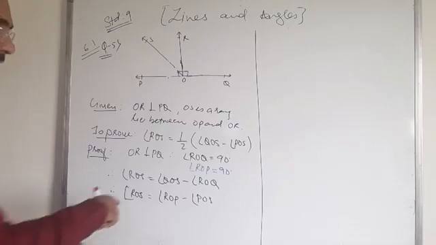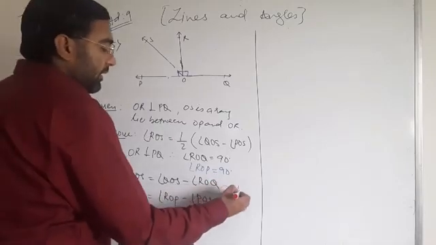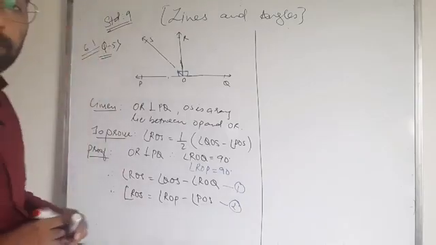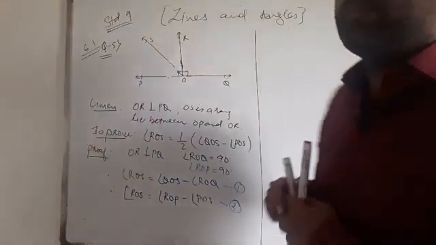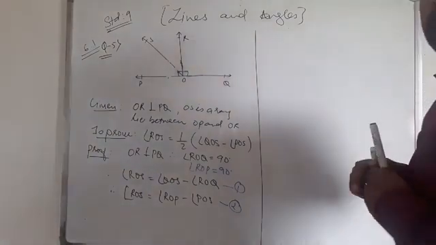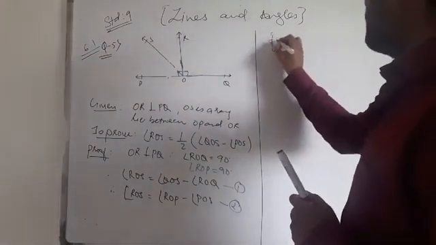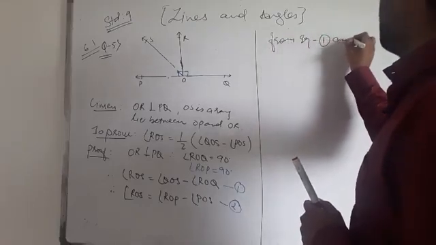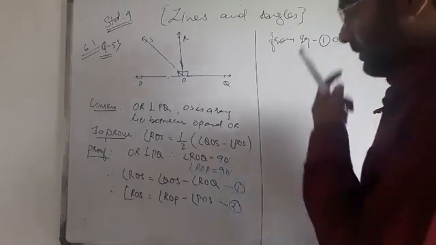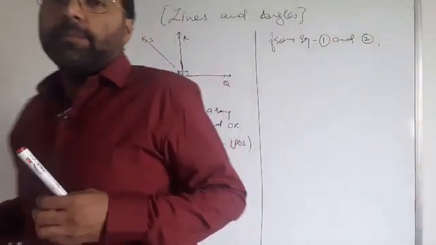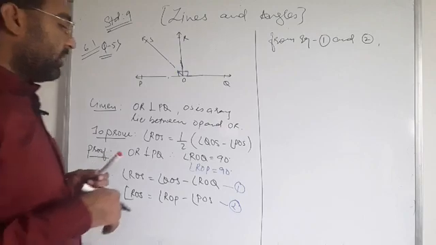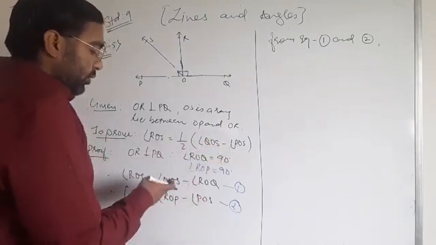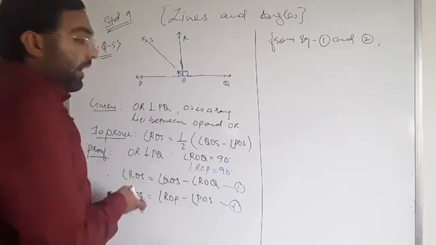Okay, now we have to calculate these two statements, equation 1 and equation 2. From equations 1 and 2 we have to add them, because I want QOS, POS and also ROS.